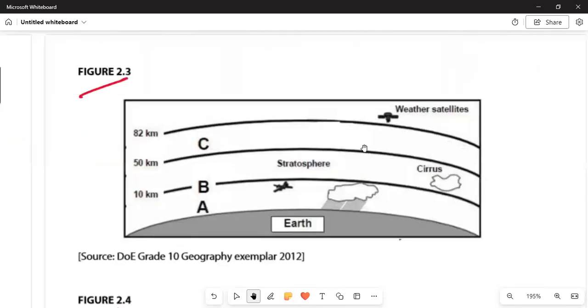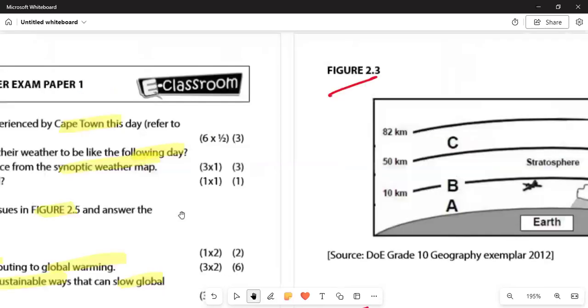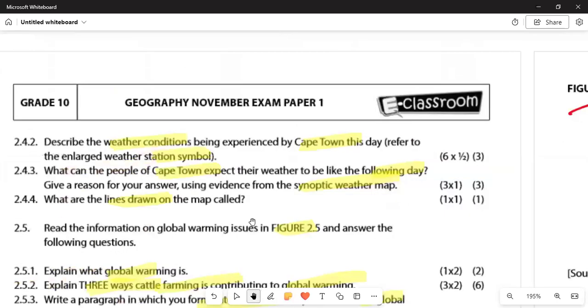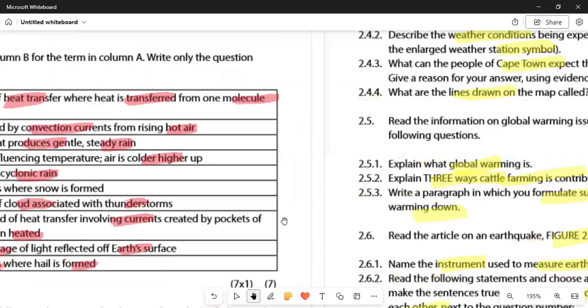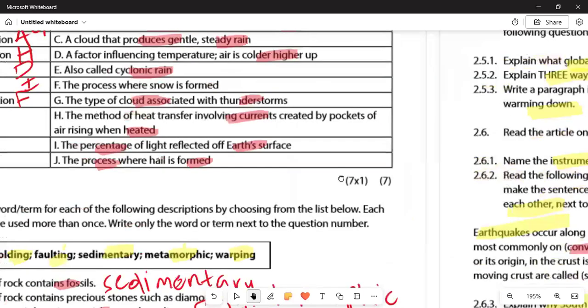Remember that we've got layers: the stratosphere, the mesosphere, and then the cirrus, which is the type of cloud that is formed in the lower layer. As we are moving on, the density in terms of the height keeps on decreasing.